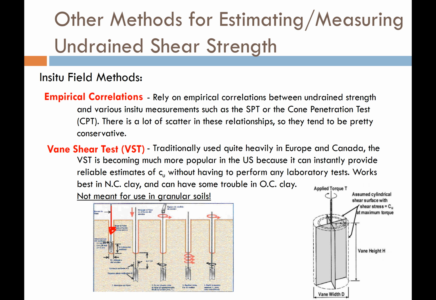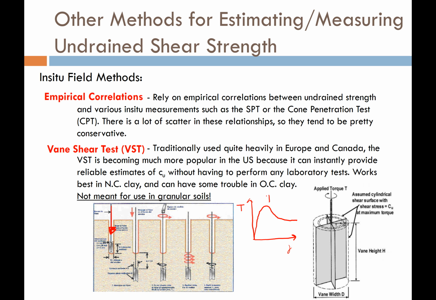And so what that will do is, if I draw a plot here, and let's say that I draw gamma for strain, and then I plot T for torque. What I may see is that as I turn it and strain it, I'm going to get a peak resistance typically, and then at larger strains it's going to give me some sort of residual.